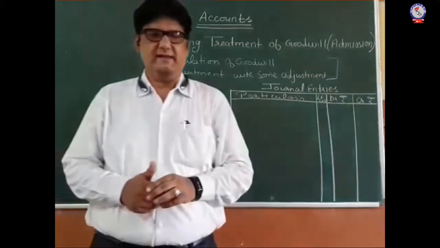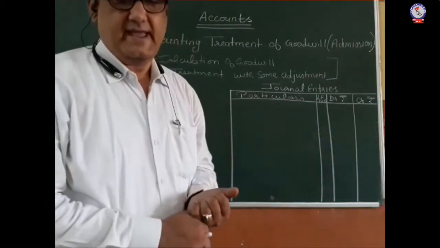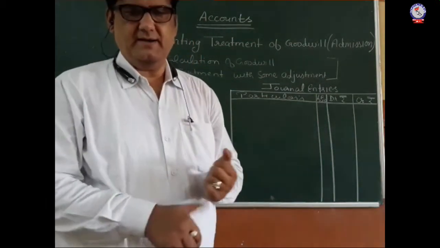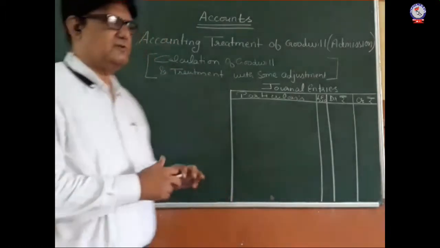The numerical says like this: A and B are partners in the firm in the ratio 3:2.